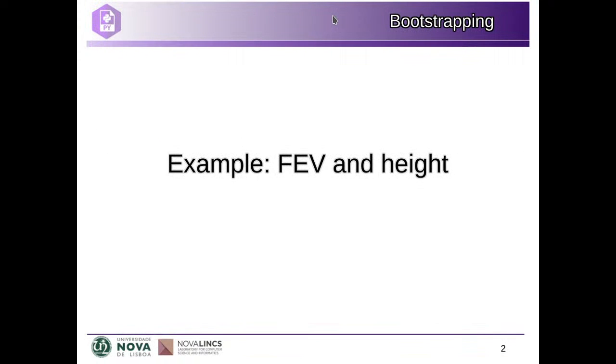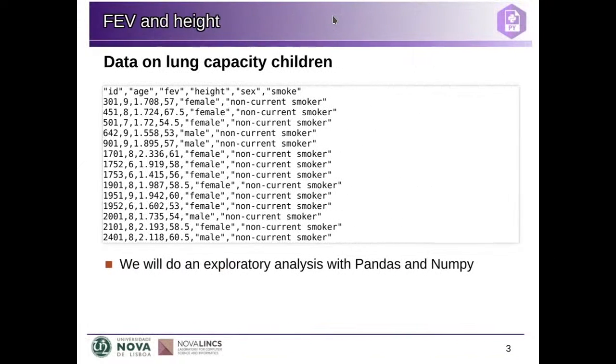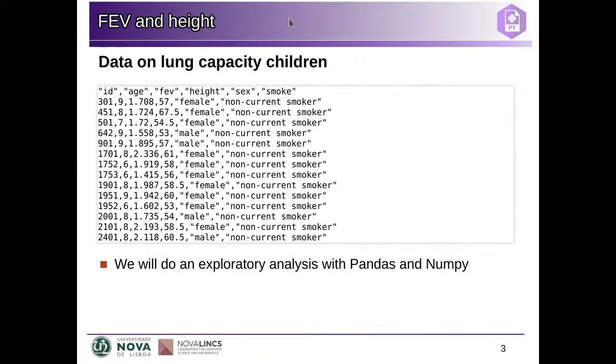Okay, so let's look at this example. We have this forced expiratory volume, which is how much air a person can blow in one single go when trying to expel as much air as possible. And we're going to look at this versus the height. So we have data on the lung capacity of children and teenagers. We have children 9 years old, 6 years old, and so on.